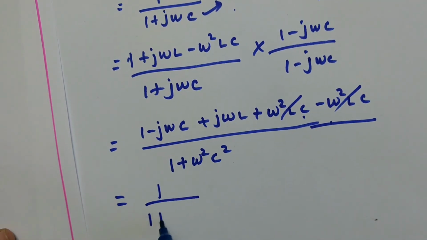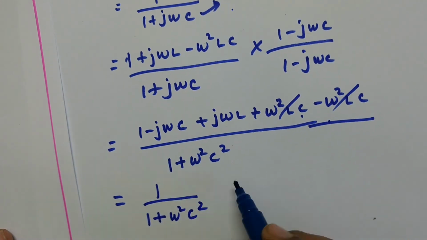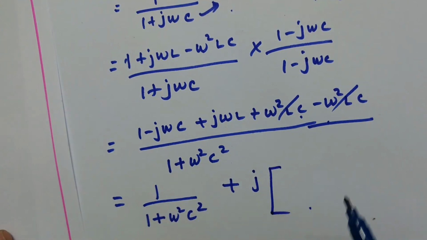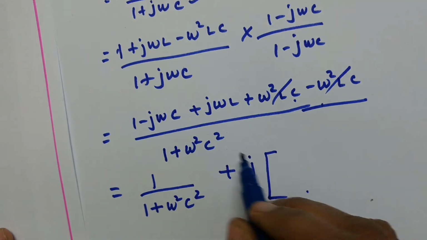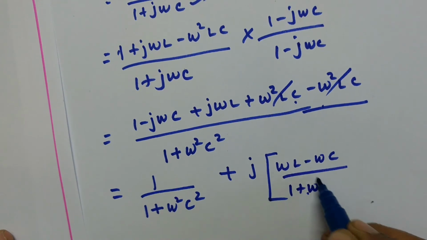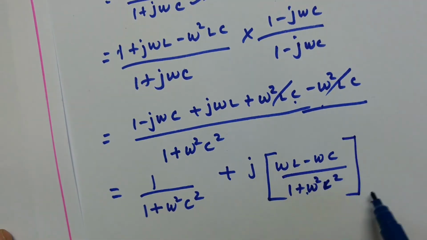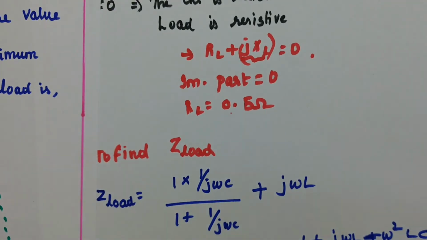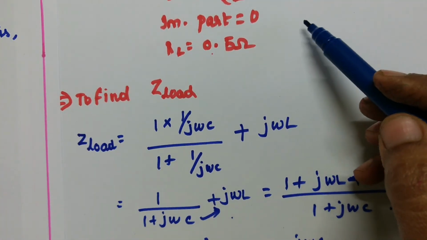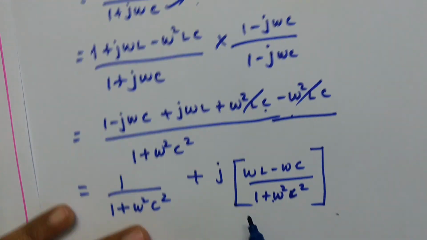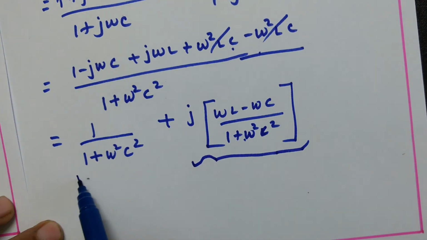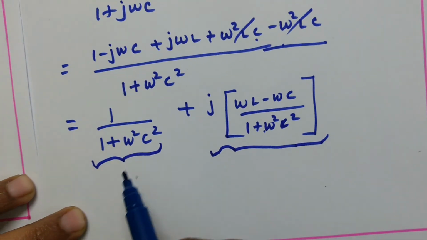So real part of this is 1 by 1 plus omega square C square plus j into imaginary part, omega L minus omega C by 1 plus omega square C square. Okay. So what is the condition? The circuit is resistive, so imaginary part equal to 0. A real part should be equal to 0.5 ohms. So let me take only the real part and we can find out the C value.